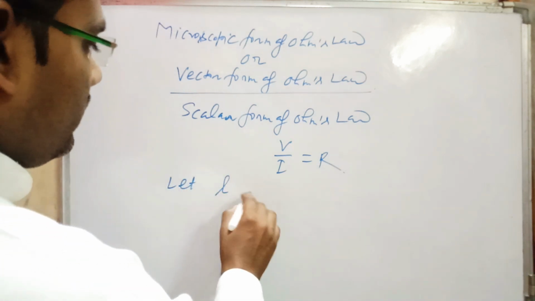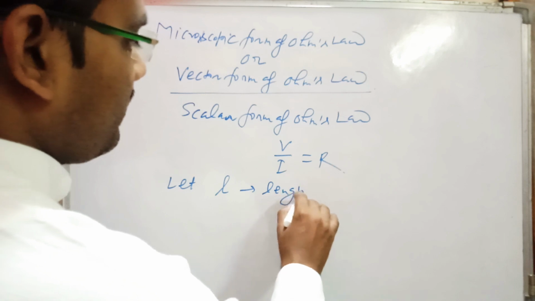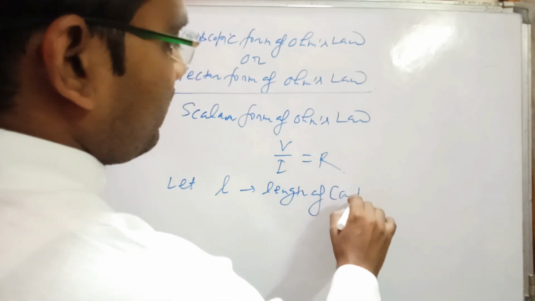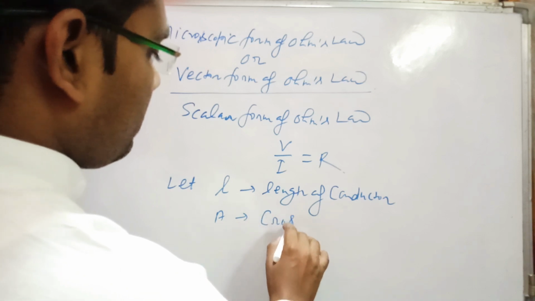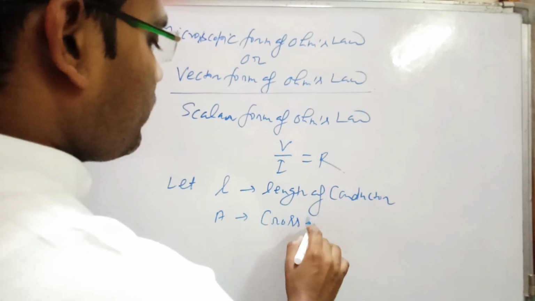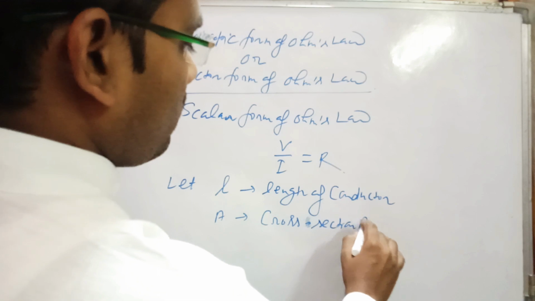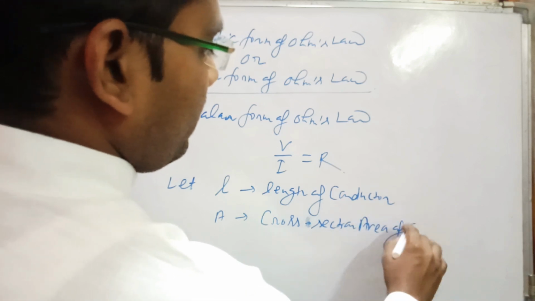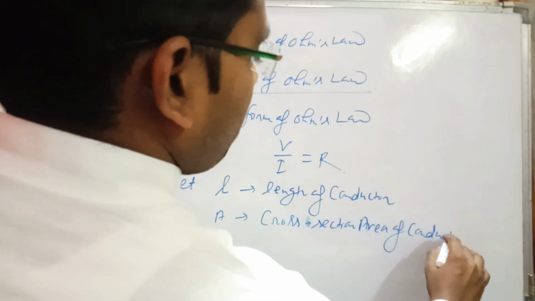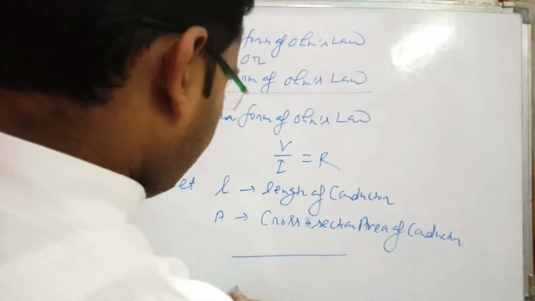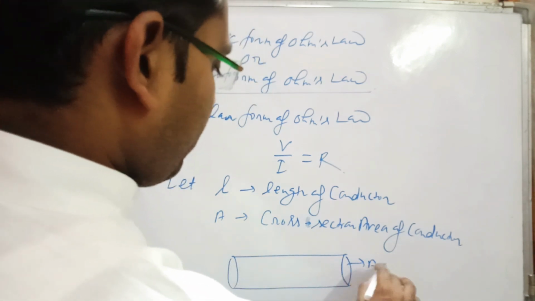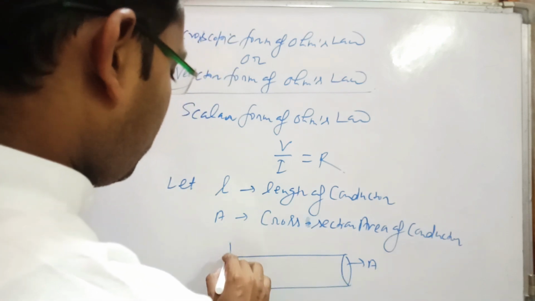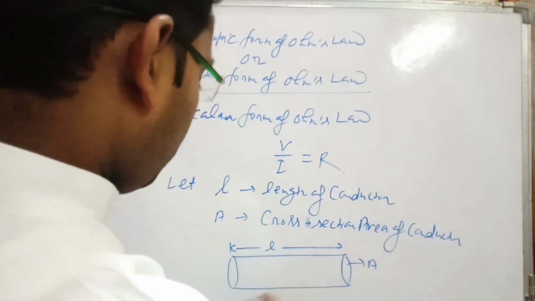Let small l be the length of the conductor and capital A be the cross section area of the conductor. Now we take a conductor with cross section capital A and length small l.